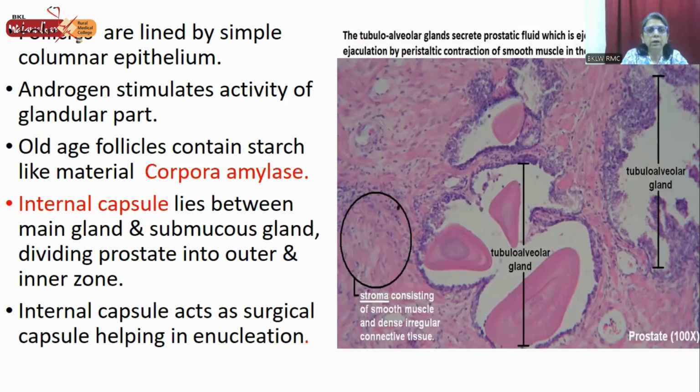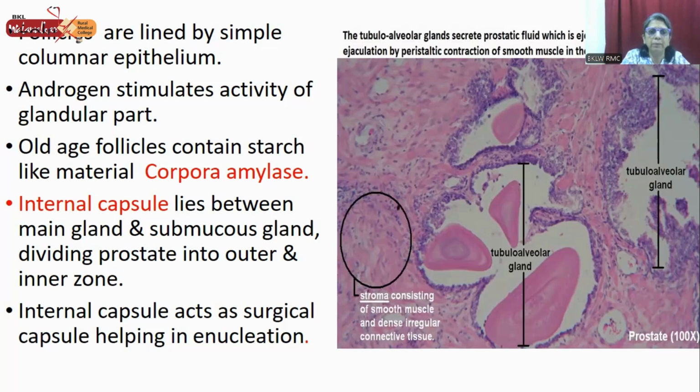The internal capsule, which lies between the main gland and the submucous gland, divides the prostate into outer and inner zones. The zones in the prostate are important surgically for clinical purposes.